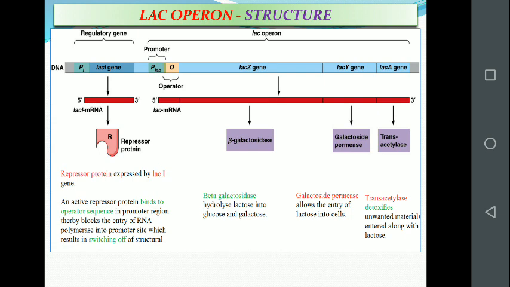We have to remember one more important point when we go into the details of the lactose operon structure and the lactose operon functioning. Because of the lactose that enters into the cell, and because of the small quantity of beta galactosidase enzyme, beta galactosidase converts the lactose into allolactose.